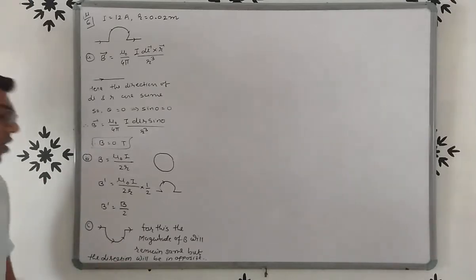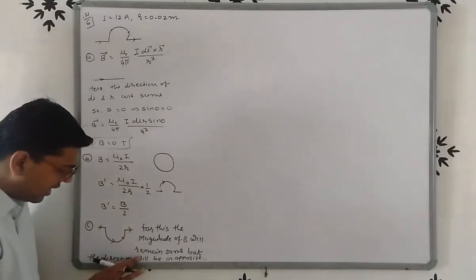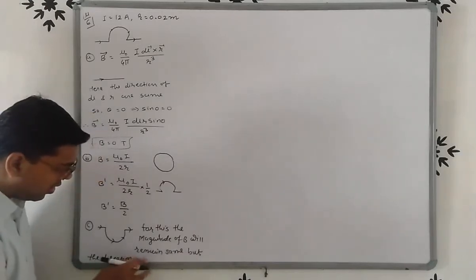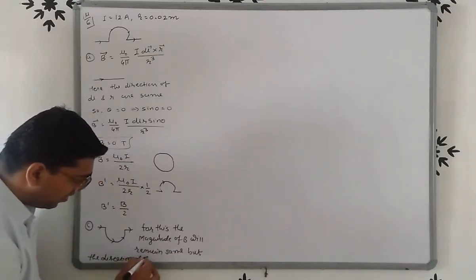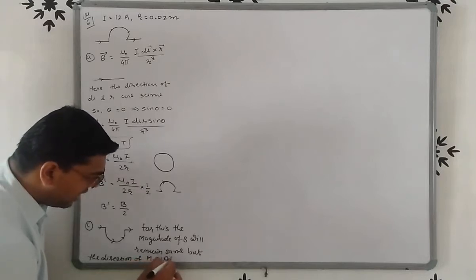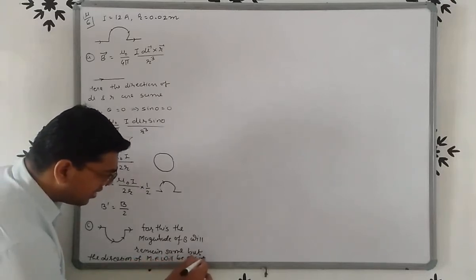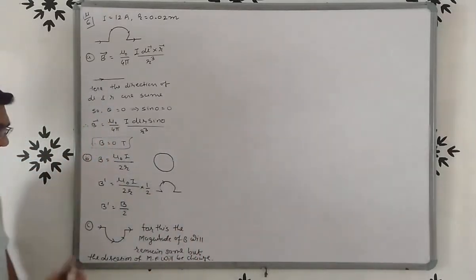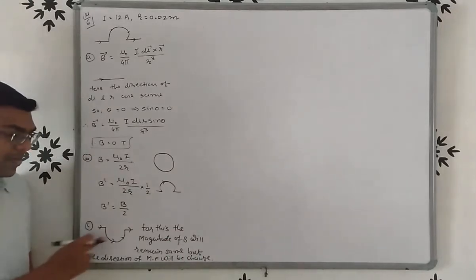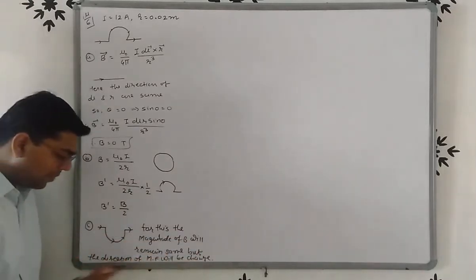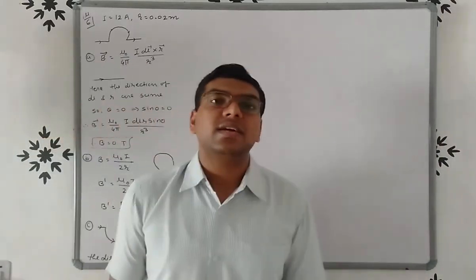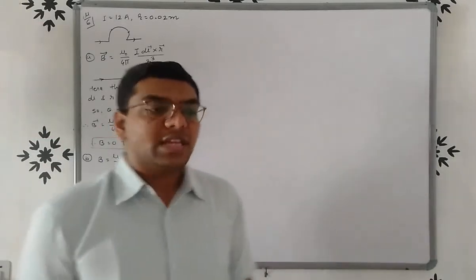So the direction of magnetic field will be changed. You can also write like this: for this case, the magnitude of B will remain same, but the direction of magnetic field will be changed, or you can say magnetic field will be in the opposite direction.